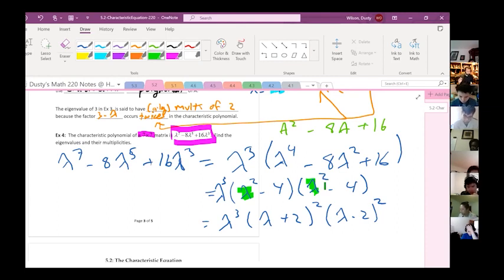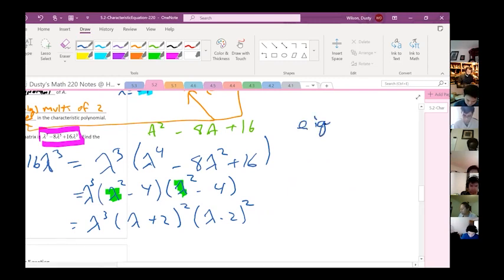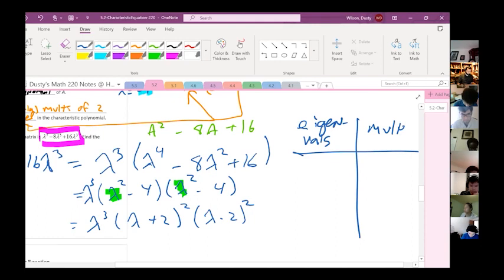So our eigenvalues and their multiplicity. It looks like from here we have lambda equals 0 with multiplicity what? It's 3.